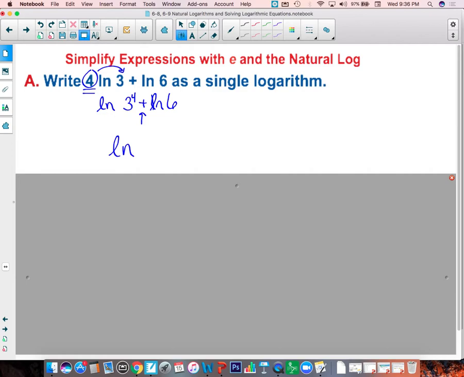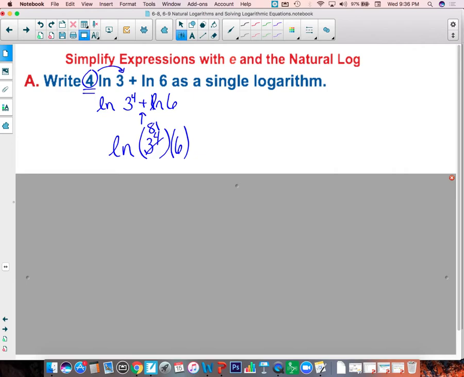So natural log of 3 to the 4th times 6. That's going to be a bigger number, because 3 to the 4th is 81, right? 3 times 3 is 9, times 3 is 27, times 3 is 81. Now 81 times 6. So 80 times 6 is 240.